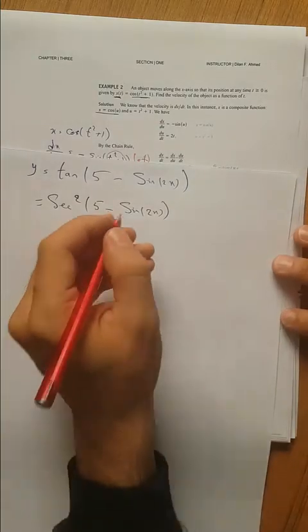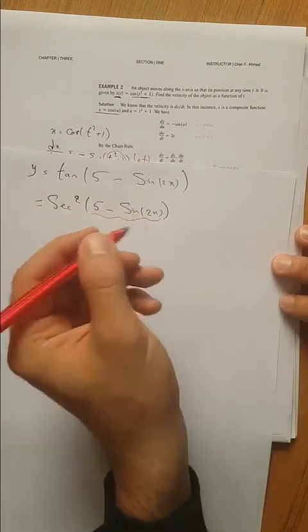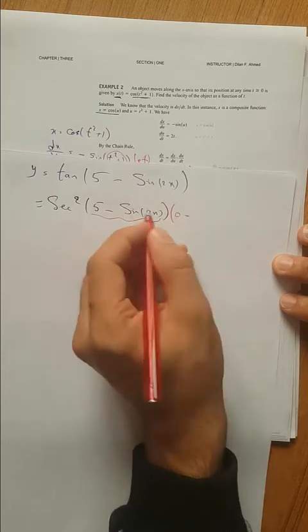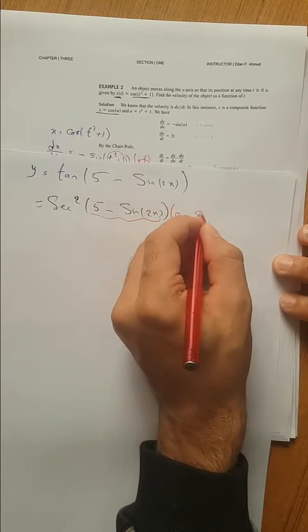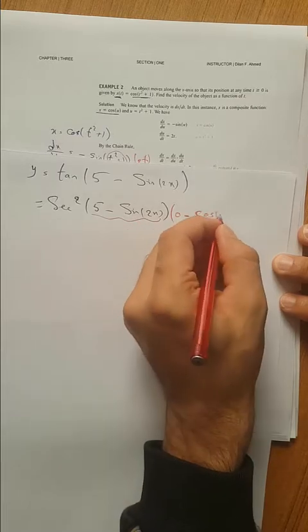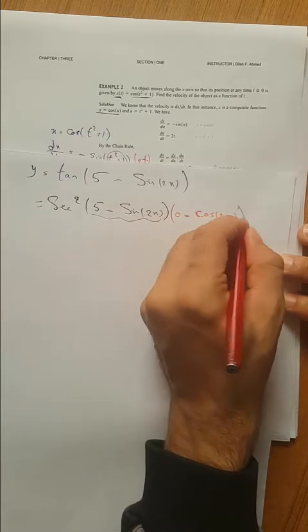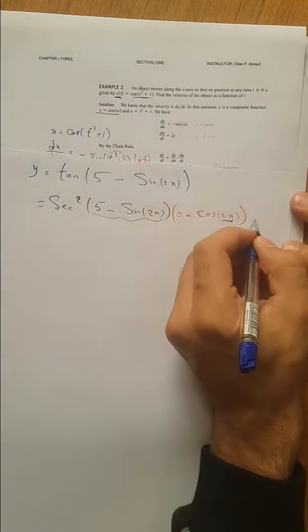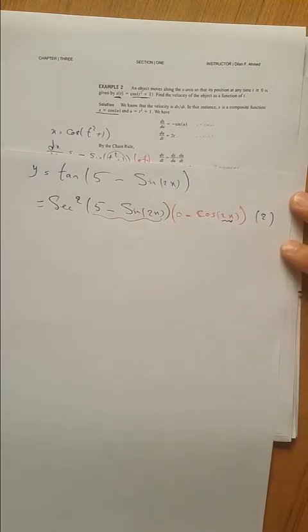Now, this is the derivative. How about the derivative of the inside? The inside also will be 0 minus the derivative of sine, which will be cosine 2x. Again, you have 2x inside. Don't forget it's equal to 2.